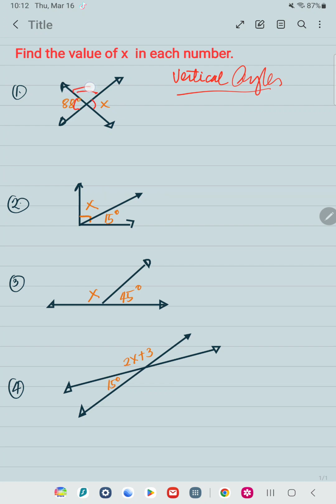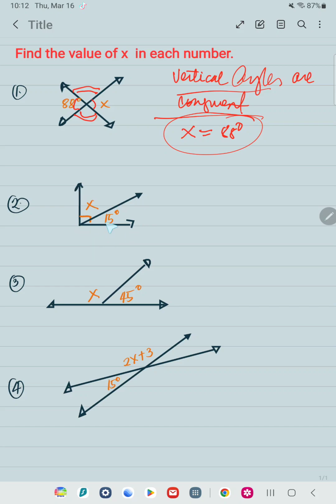So if this is the angle, the opposite of that is this one. So these two also are vertical angles. And what do we know about vertical angles? Vertical angles are congruent, which means they have the same measurement. So therefore, x is also equal to 88 degrees.